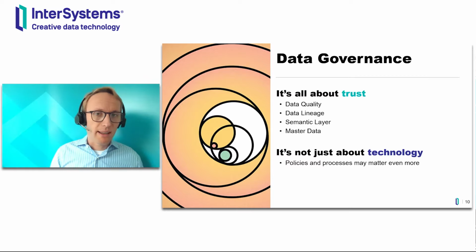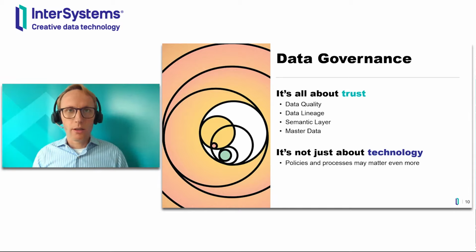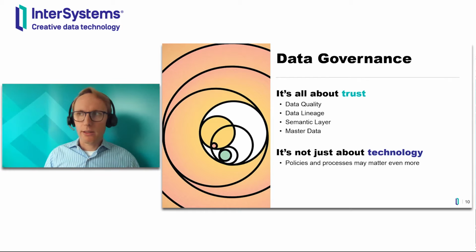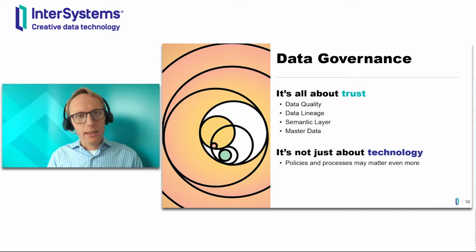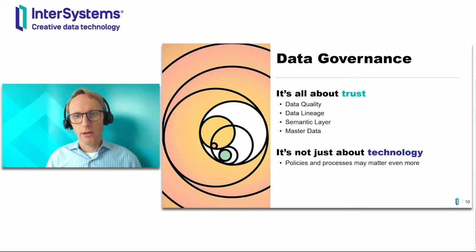Then the master data itself, think about your customer data, that's another particular area in the broader umbrella of data governance. So making sure that you manage those golden records properly, that you deduplicate your customers, that's master data management, and that also fits this broader picture.